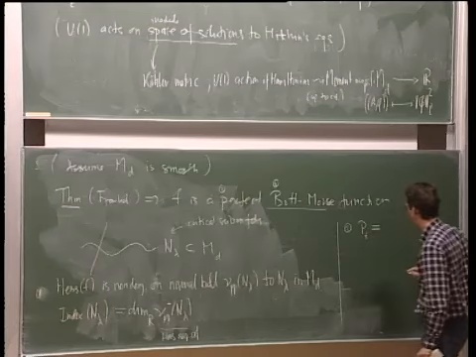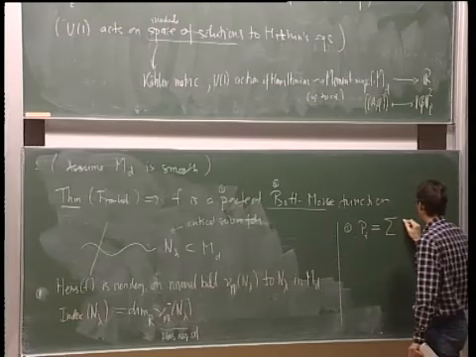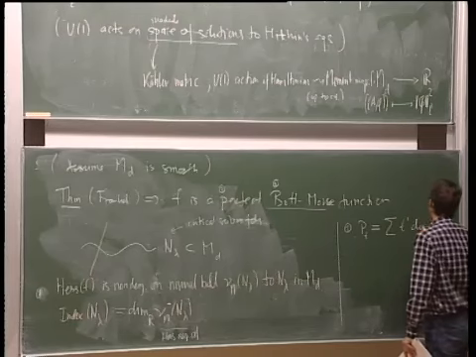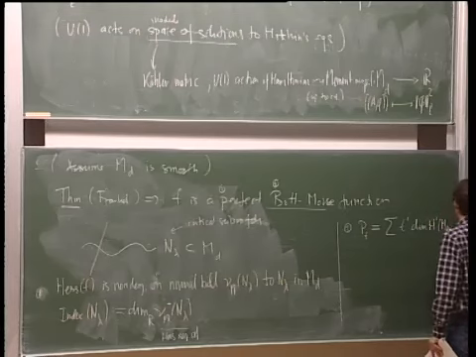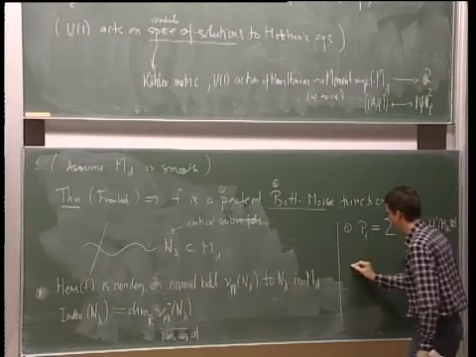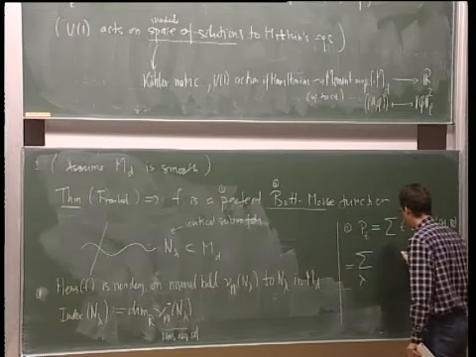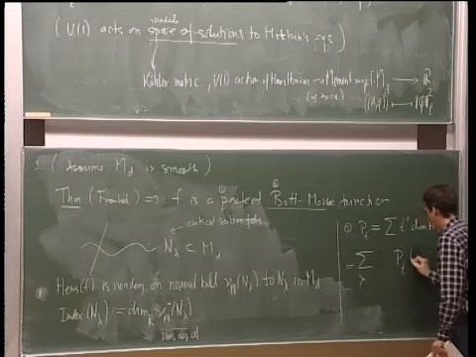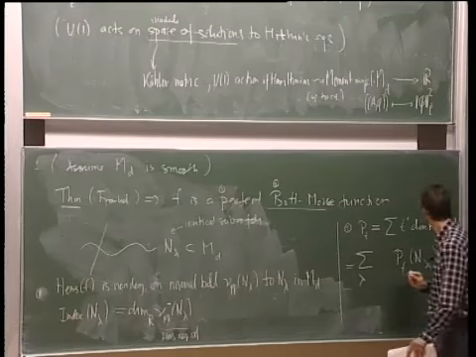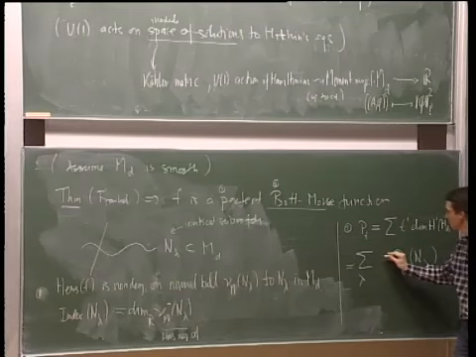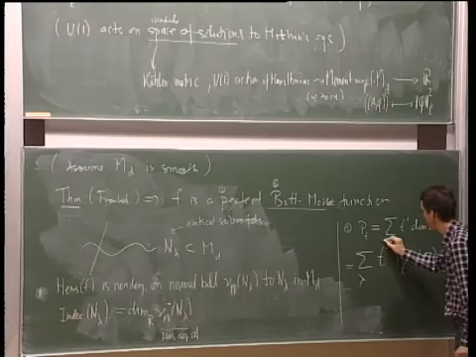So write down the generating function, that's the Poincare polynomial. That can be obtained by summing up over all critical submanifolds their Poincare polynomials, and then you have to modify by t to the index.